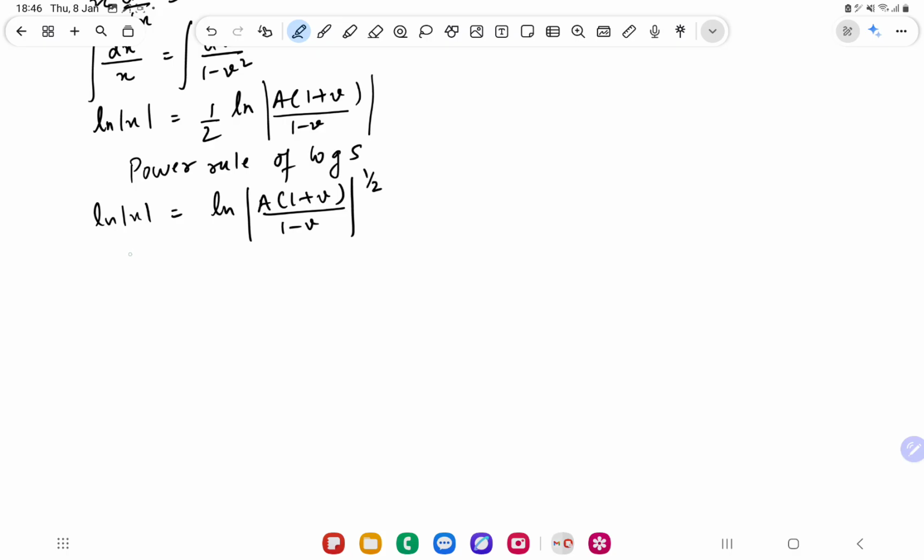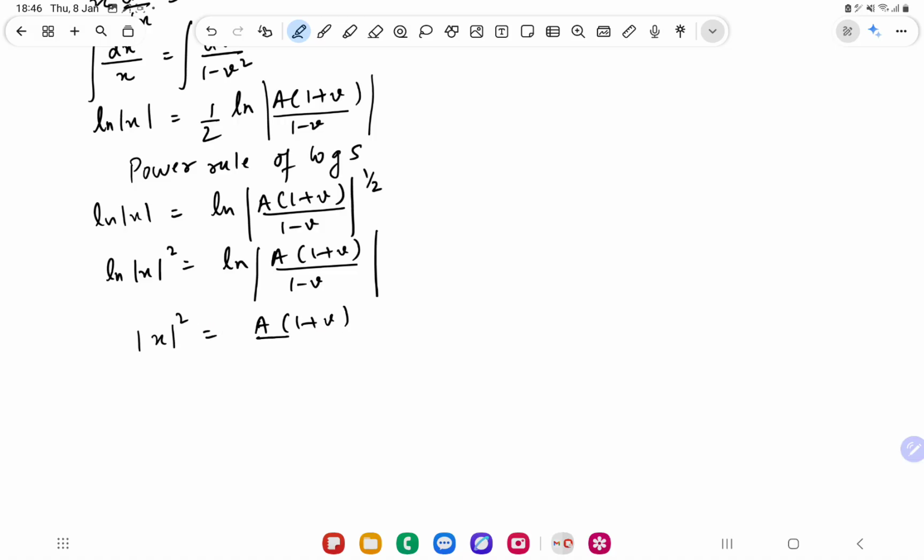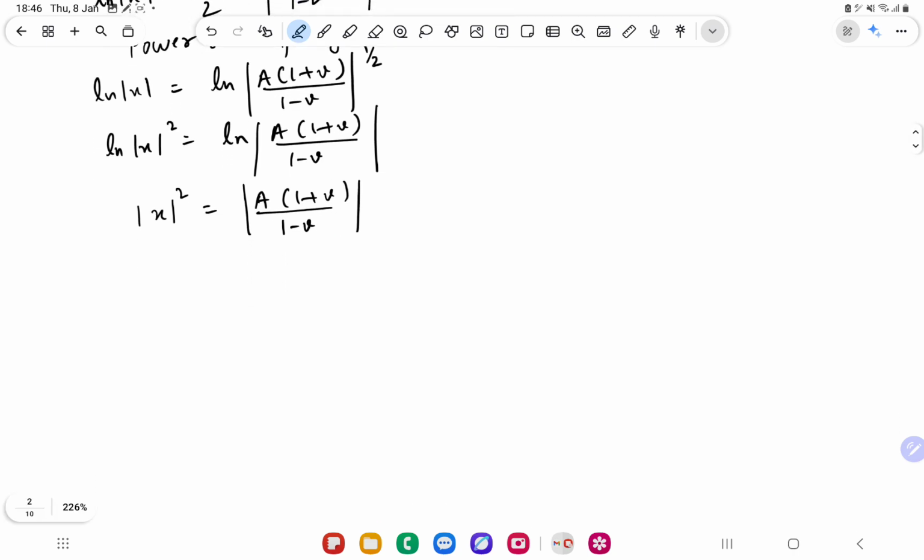We can move this half towards the left side and write modulus x square is equal to ln. The bracket will remain the same and we can compare both sides, and I can write that modulus x square is equal to a 1 plus v upon 1 minus v.